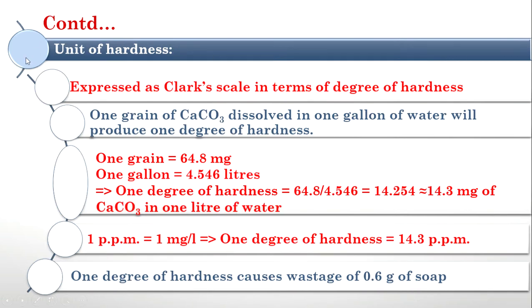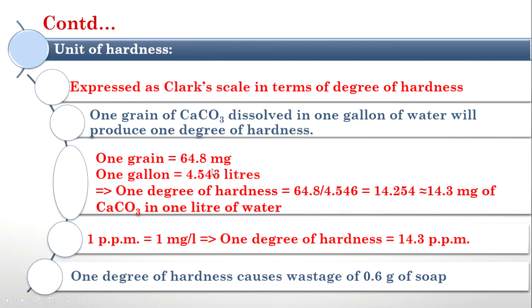Hardness is generally expressed in terms of degrees, in Clark's table of degree of hardness. 1 degree of hardness is 14.3 milligram of calcium carbonate in 1 liter of water. Hardness is caused by many sources. It may be due to different salts of calcium, magnesium, chlorides, etc. Even so, hardness is mainly expressed by means of calcium carbonate only.